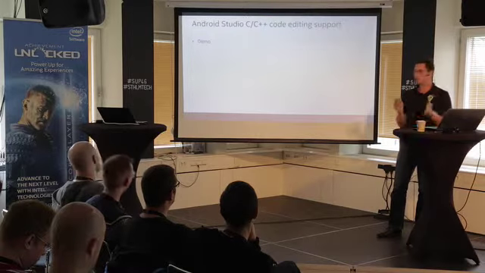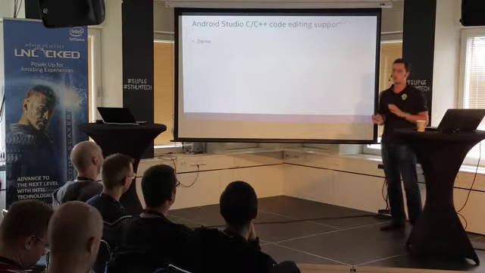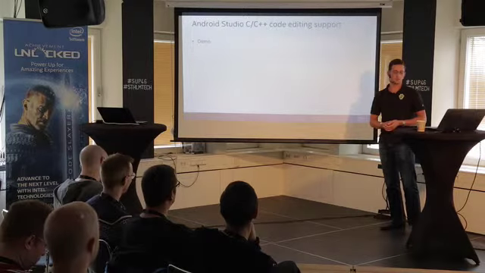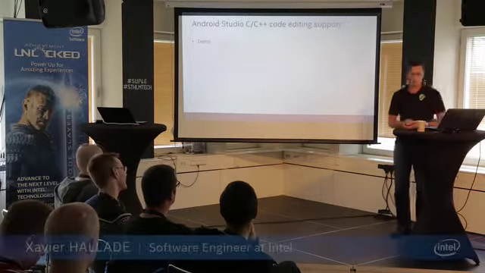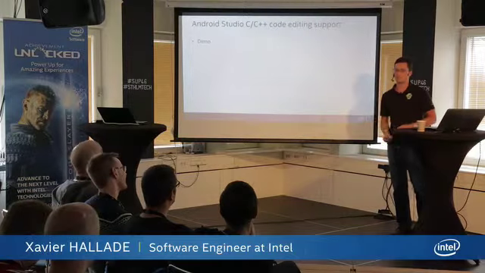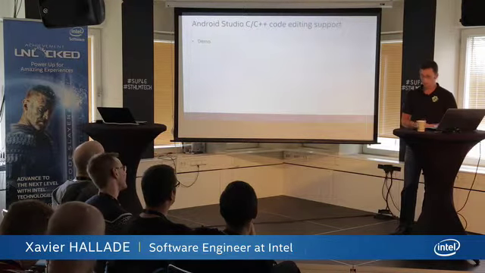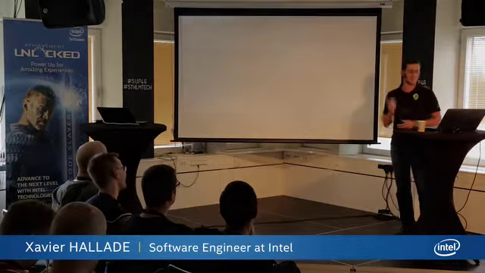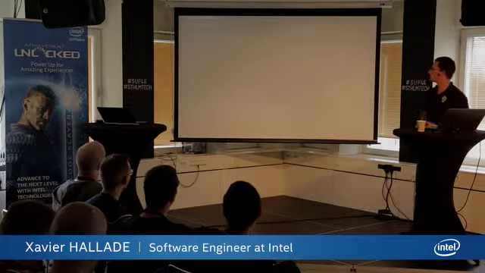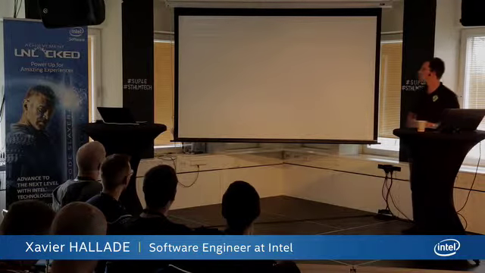And they said NDK support was going to come in Android Studio 1.3. So I've been waiting for preview 1, preview 2, preview 3. They said it was coming. So last Friday, finally, we got it. In the RC1, everything is experimental, so it's really buggy. The demo looks cool, if you can actually see it.